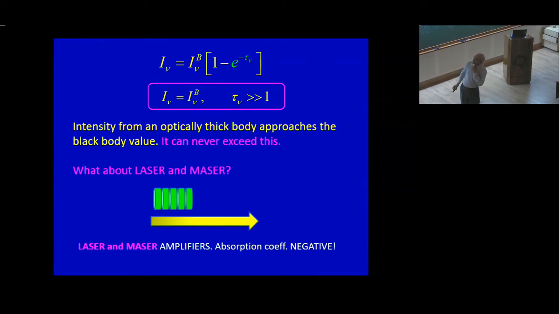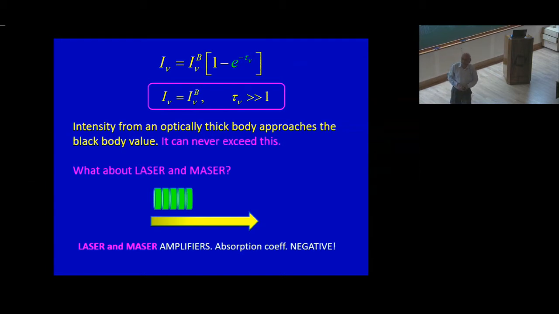Well, the fraud is that a laser or a maser is not an absorber, it is an amplifier. In other words, each layer of the slab adds intensity. So previously we defined the absorption coefficient as the energy taken away: minus alpha nu into I nu was the specific intensity taken away.